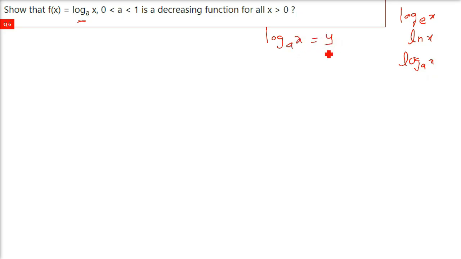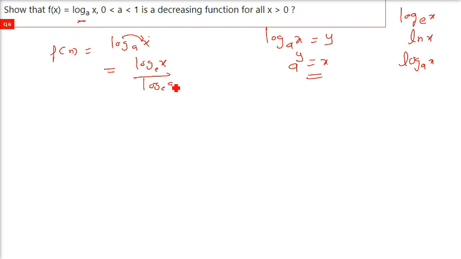Log base a of x just means a raised to the power y equals x. It's just that. If you have problem in finding the log, just take a raised to y equals x. So when we have differentiation of log base a of x, you can make this into natural log. So log x divided by log a, base can be e.